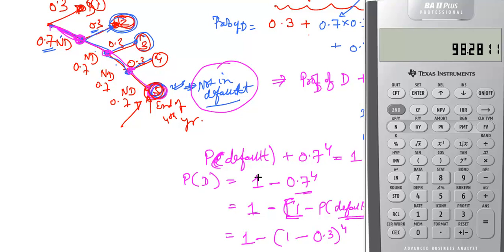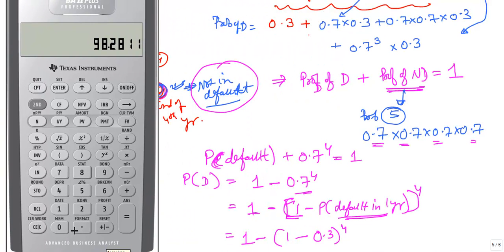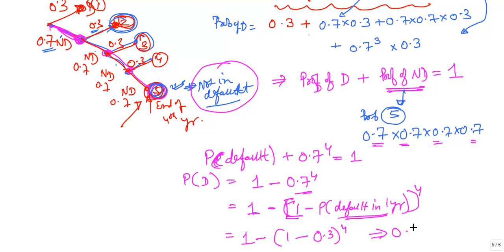So what you will do is compute 0.7 to the power 4, and then subtract this from 1, so it is 0.7599. So the probability of default is 0.7599. So this is an easier method.